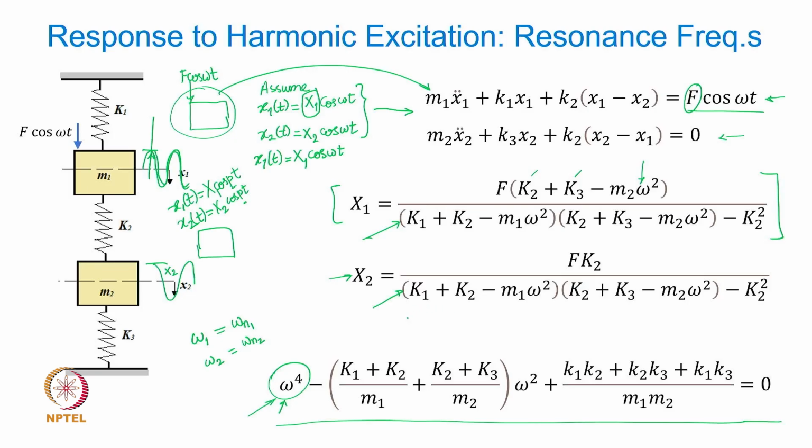So if I call this entire expression the denominator, and set it to 0 and simplify and solve, I will get this frequency equation. Solving this quadratic in omega square gives me two resonance frequencies, omega 1 and omega 2, and you would find that these two frequencies are identical to the first and second natural frequencies.